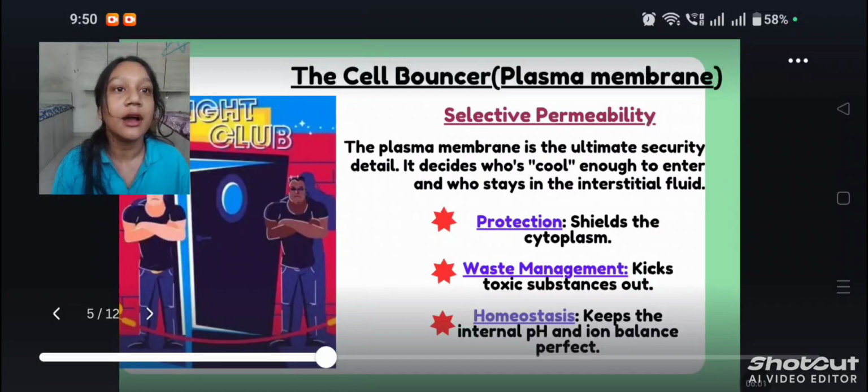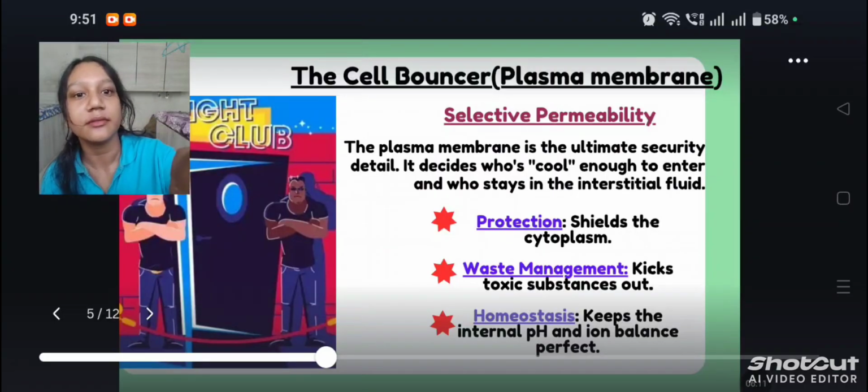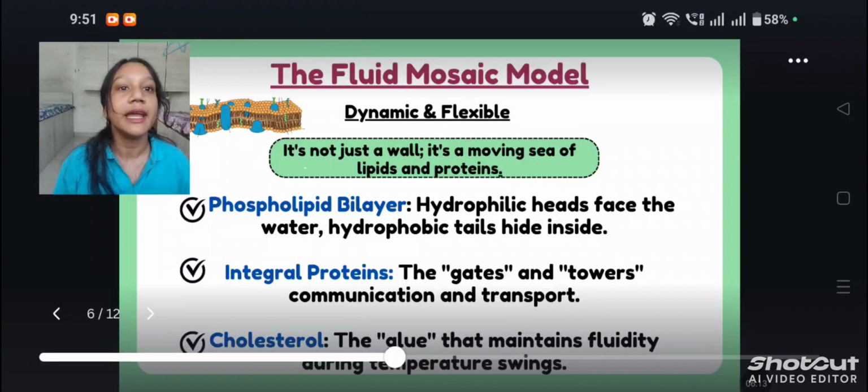Now let's see what the fluid mosaic model is, because when we talk about the plasma membrane, of course we can't forget the fluid mosaic model. Now comment down below who gave the fluid mosaic model. It's not just a wall, it's a moving sea of lipids and proteins. It is made up of a phospholipid bilayer, in which one layer is facing extracellular and the other the cytoplasmic side, plus integral proteins and cholesterol.